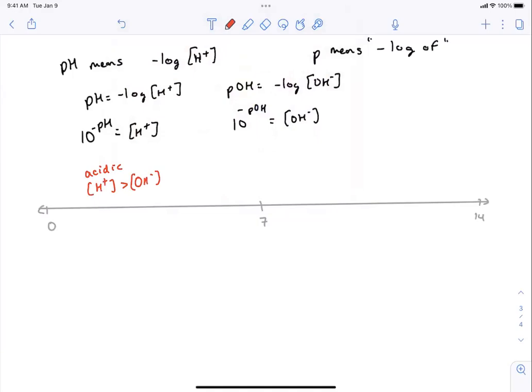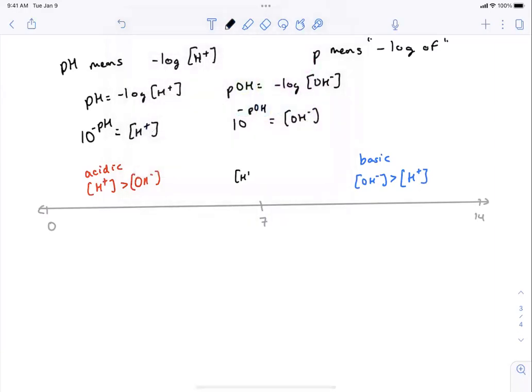And those two things are always related to each other in water solutions, which is what Marina was asking a little bit earlier. A basic solution is one where the OH minus concentration is greater than your H plus concentration. Does that happen to be relative to 7 at 25 degrees Celsius? Yes, but you shouldn't use that as a definition because that's not always true, especially at higher level.